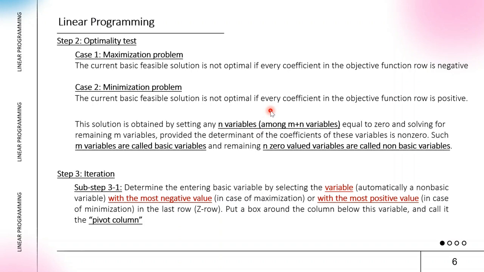This column becomes the pivot column. This indicates the steepest potential increase or decrease in the maximization and minimization form of the optimization problem respectively. We mark it so we know which variable will potentially enter as a basic variable in the next iteration. It should be noted that choosing the entering variable correctly ensures that each iteration improves the objective function value.